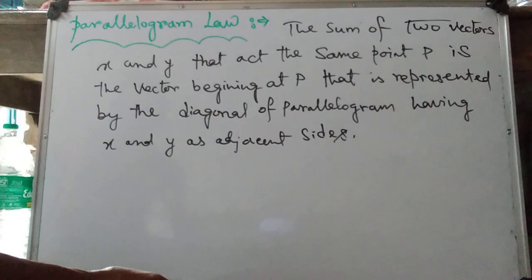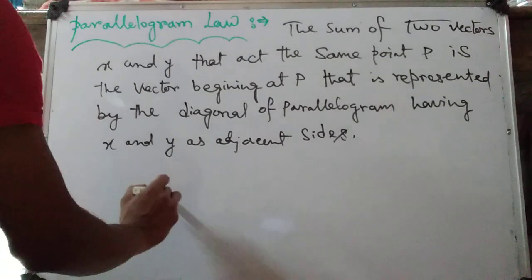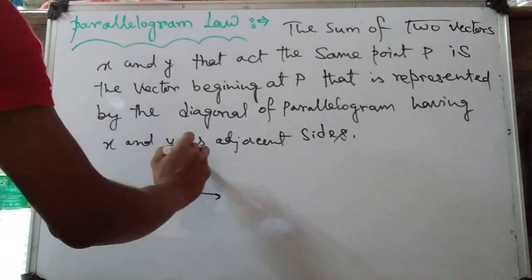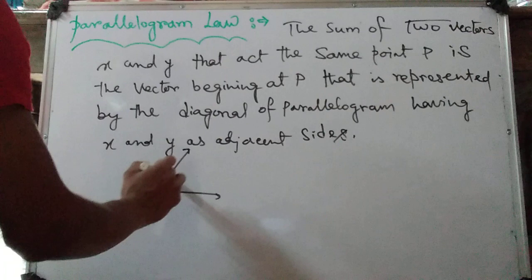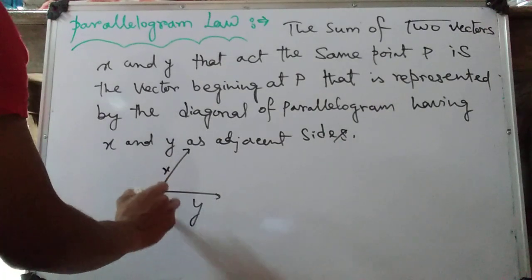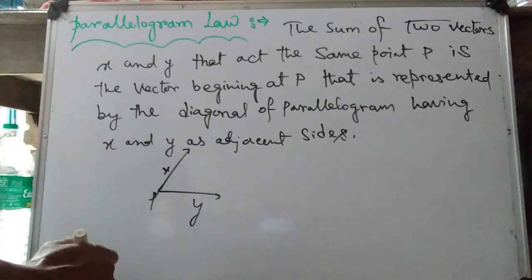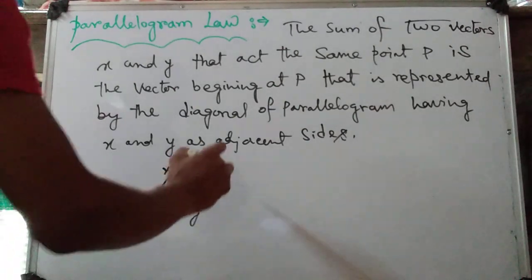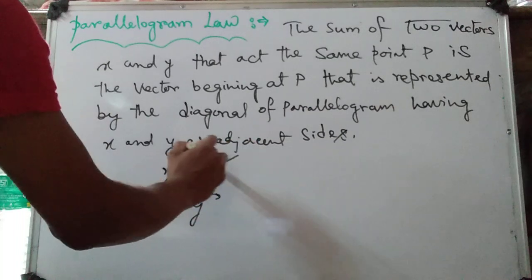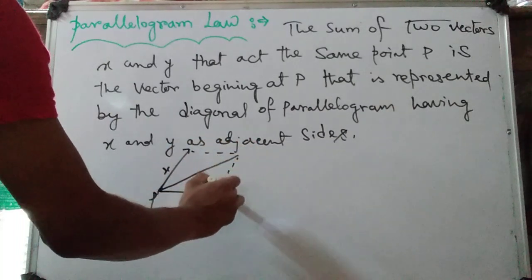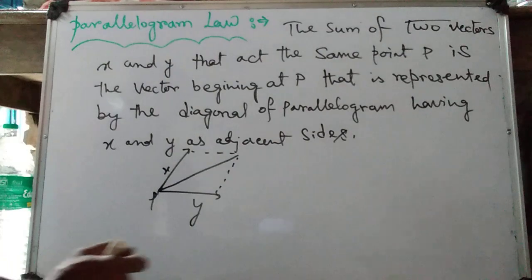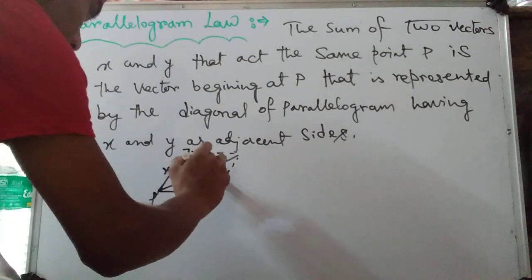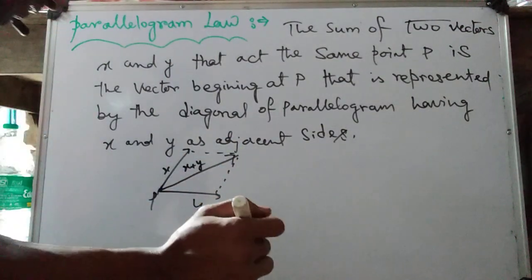So what we discussed today is that the sum of two vectors x and y, acting at some point P, here y, here x, this one x, this one y, here point P, is the vector beginning at P that is represented by the diagonal of the parallelogram, x plus y.